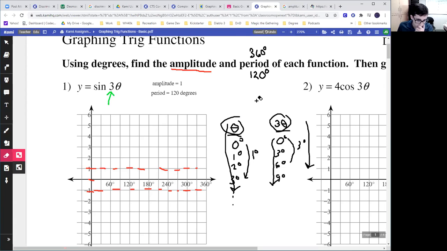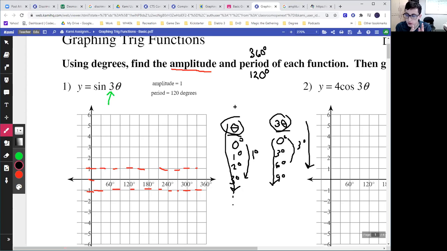Can you repeat the period again? Yes. Period is referencing how long it takes to cycle through all of the values of sine. How long does it take for sine to complete one cycle? Normally, when it's not being adjusted, it is 360 degrees. It takes sine 360 degrees to go through all of its values and then restart.